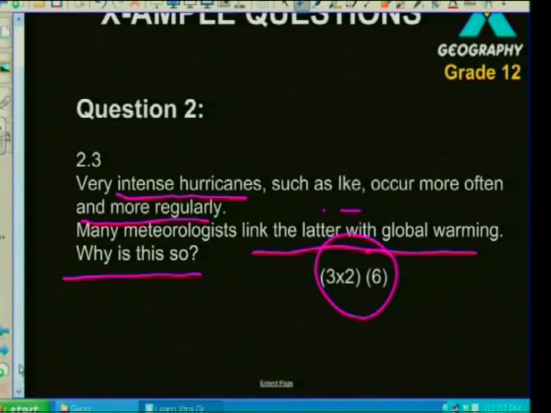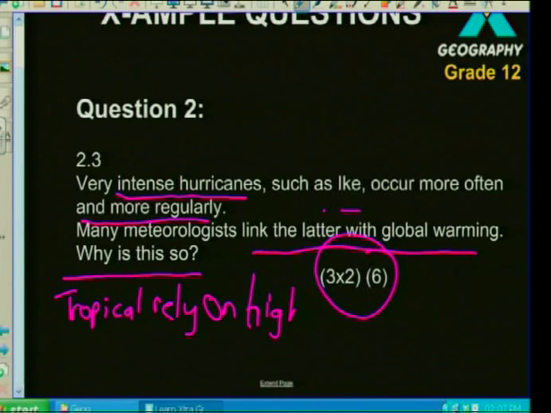So we can say tropical cyclones rely on high temperatures. Didn't we speak about high temperatures of over 27 degrees Celsius, plus 27 degrees Celsius? And global warming will be assisting it to get those temperatures more often.